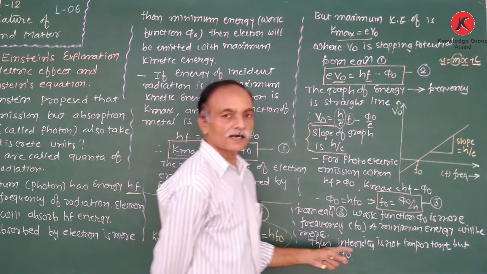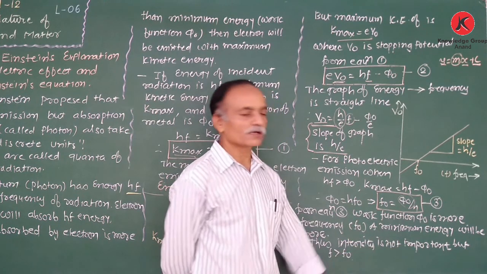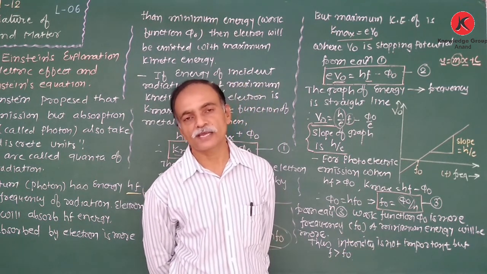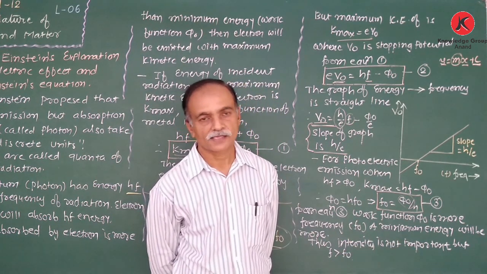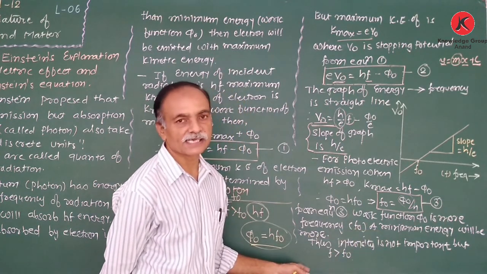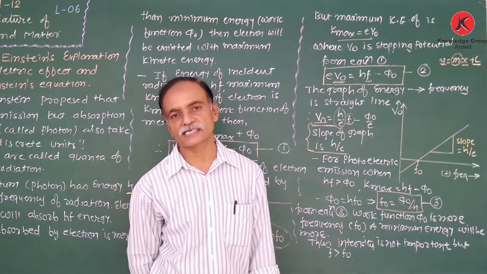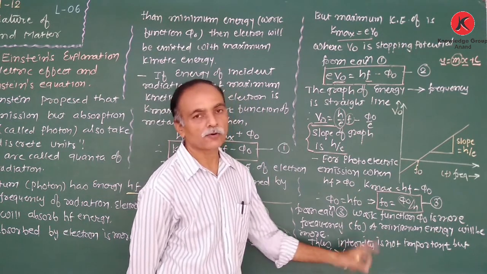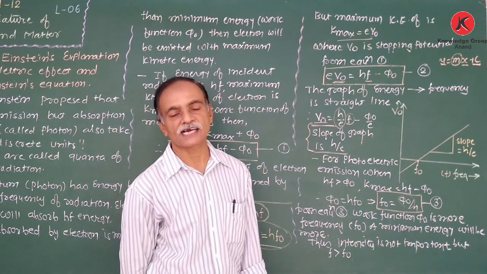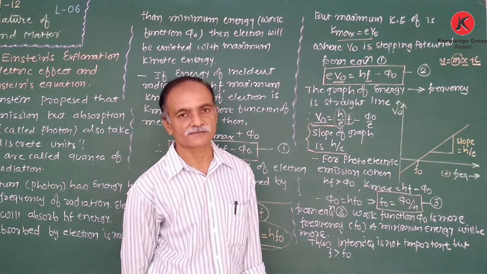Thus, the intensity is not important for the photoelectric emission. Frequency is important, and frequency must be greater than the threshold frequency for photoelectric effect. That is Einstein's explanation.